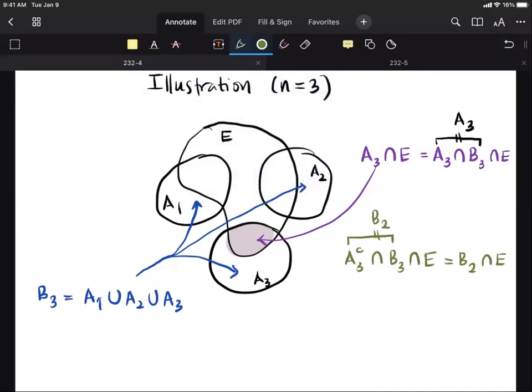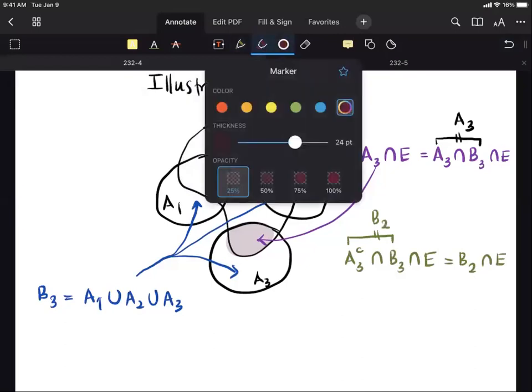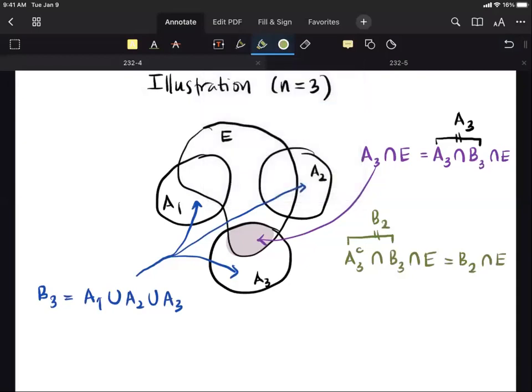So if you look at the complement of A3, and then take those elements that are also in E, that would be this part. So this is A3 complement intersection E.